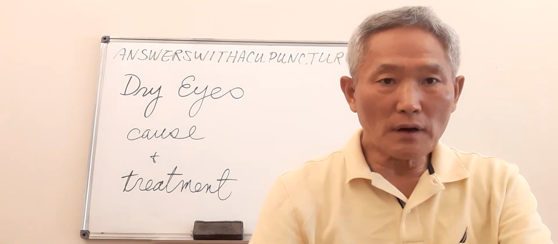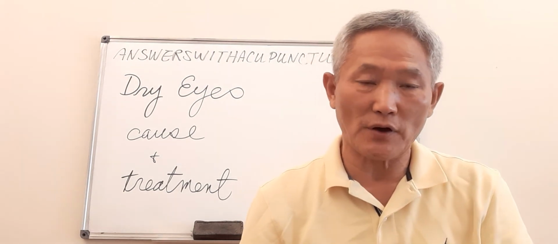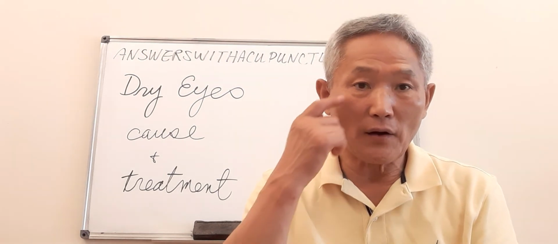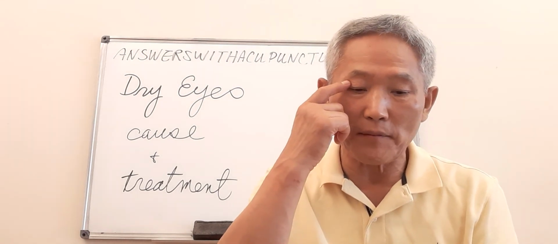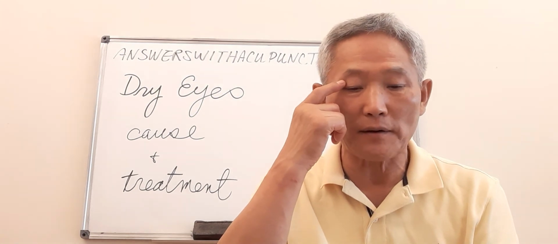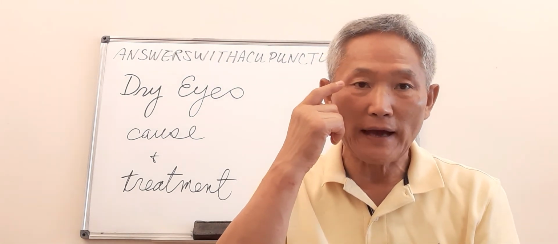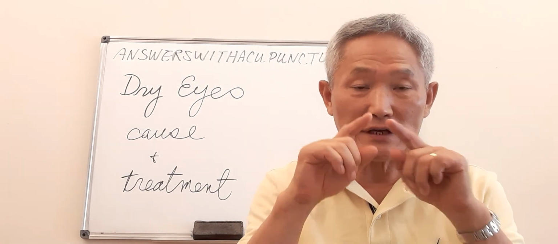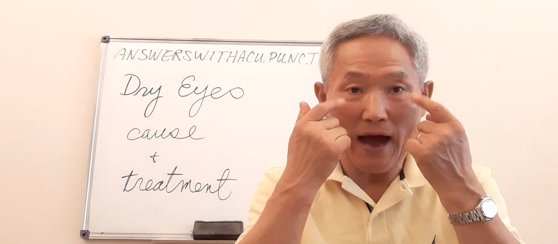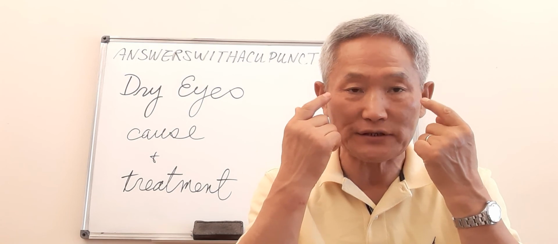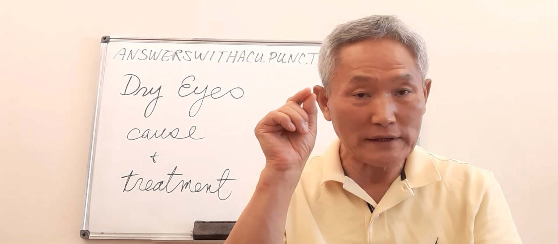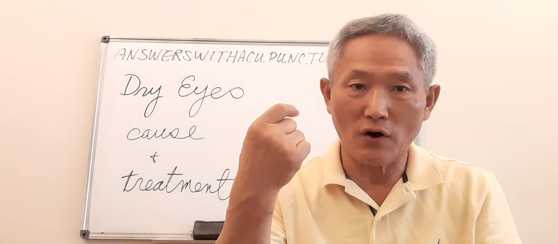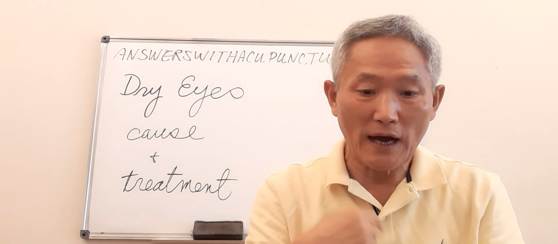And some people, especially eye doctors, believe that over there is the meibomian gland, and oil comes out through there, in between the eyelashes. There is a small tiny hole, like a tunnel of oil coming out.